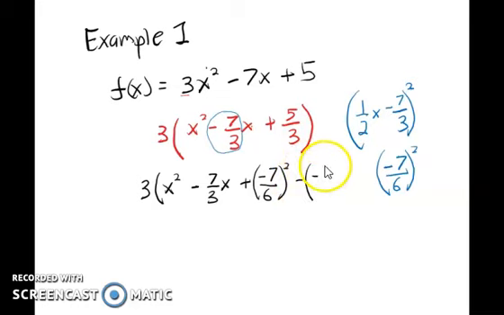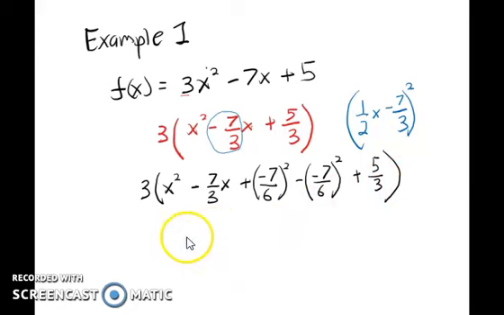So we got it here. Let me erase this. Now we just have to add the c of this quadratic equation and put a bracket.